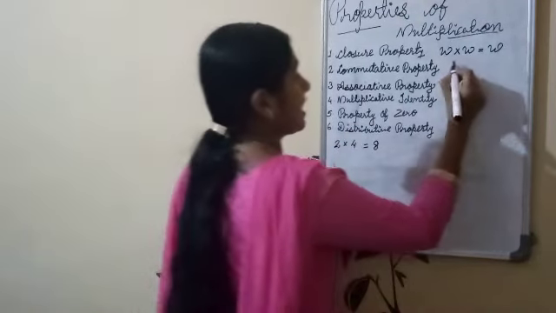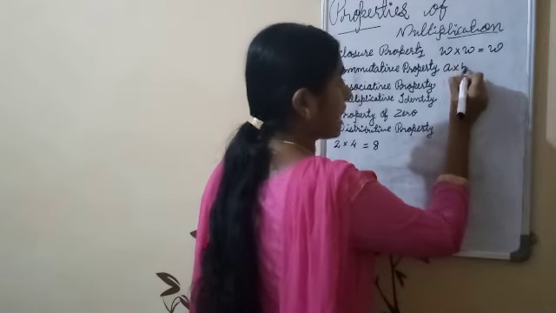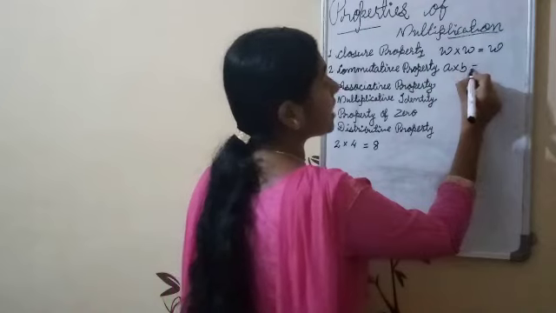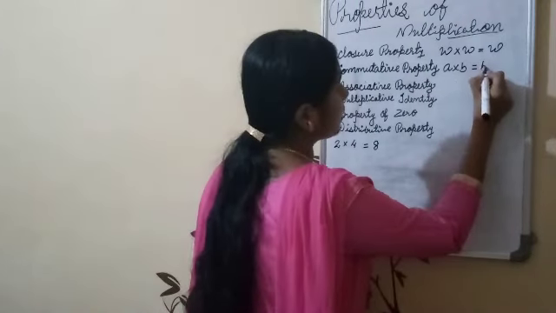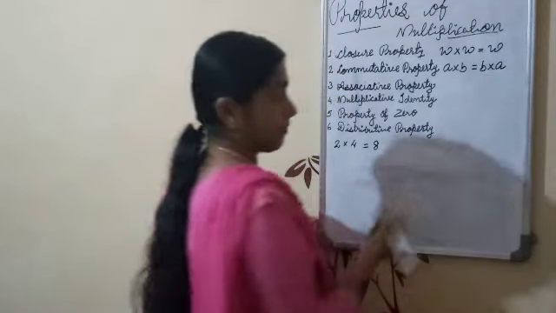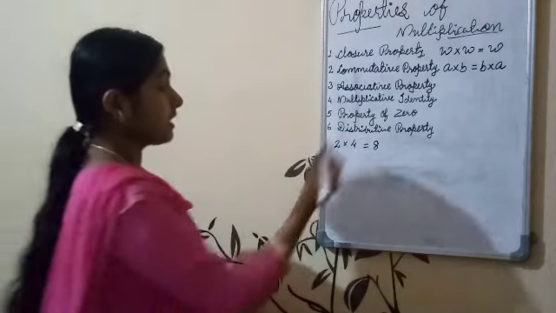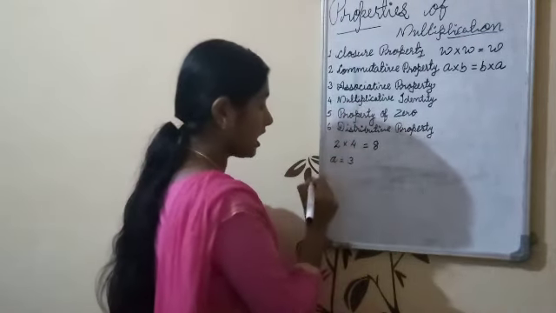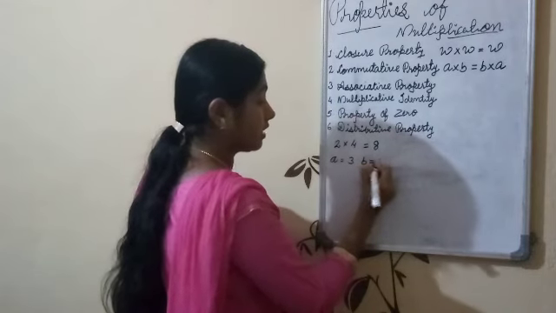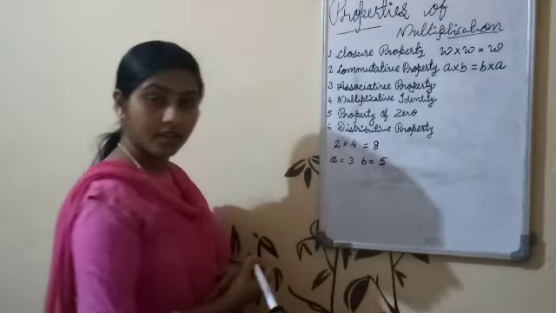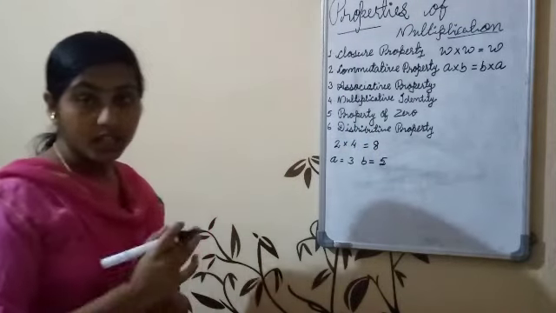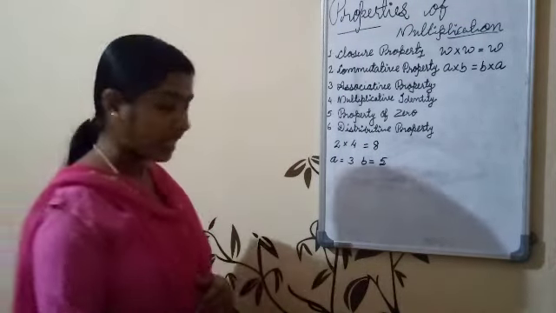That means a into b, here a and b are two whole numbers, a into b equal to b into a. Okay, the example here, a is equal to 3 and b equal to 5. The commutative property, a into b equal to b into a.